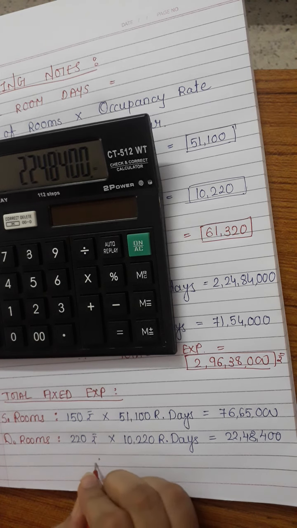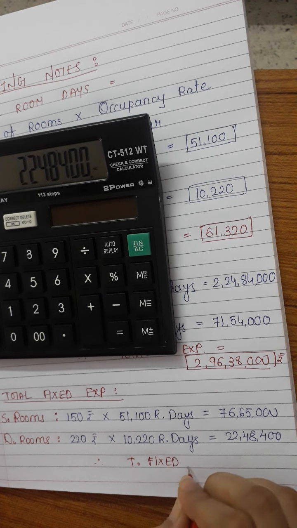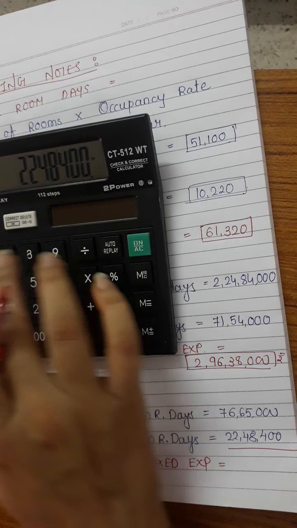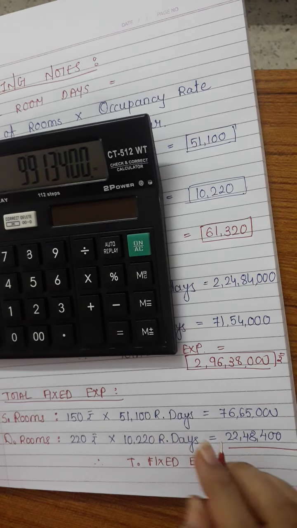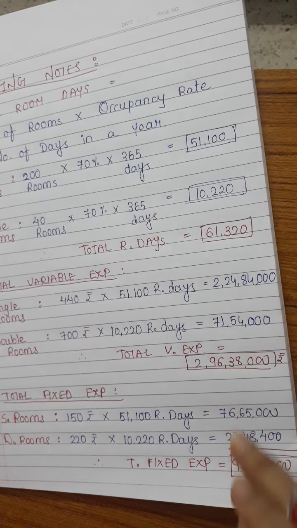So total fixed expenses are, add these two, 99,13,400. I hope you are clear with this calculation.